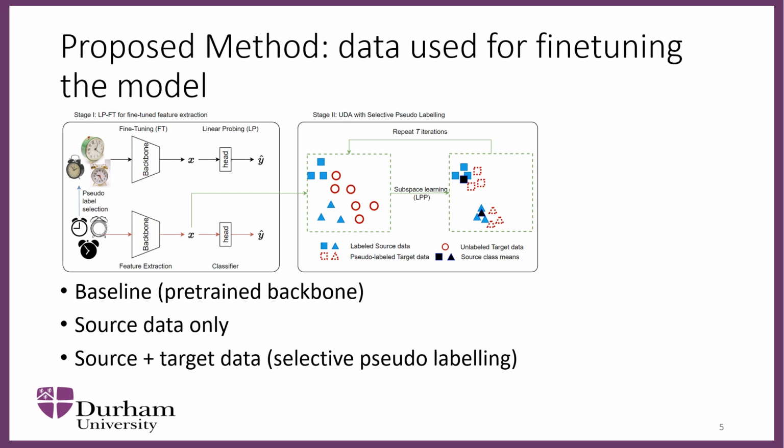As a result, we investigate the use of source and target domain data in two experiment settings. Firstly, we use source data only during fine-tuning the backbone models. Since the source data are labeled, it is straightforward to use them for fine-tuning. Secondly, we make use of both the source and target data during our model fine-tuning. Since the target data are not labeled, we need to use pseudo-labels, which have been an extensively explored technique in UDA approaches.